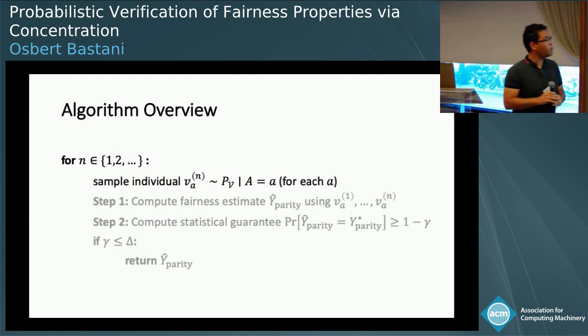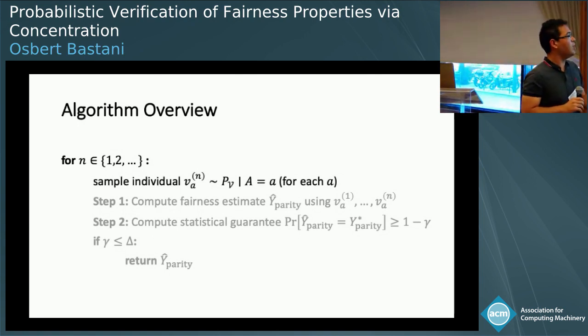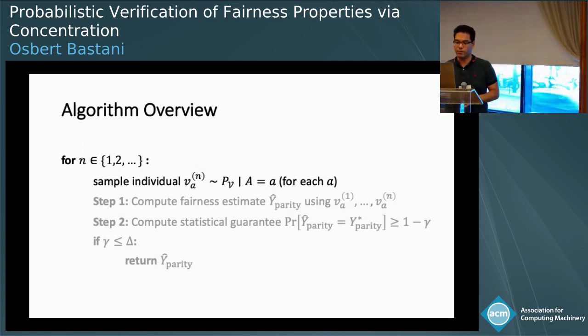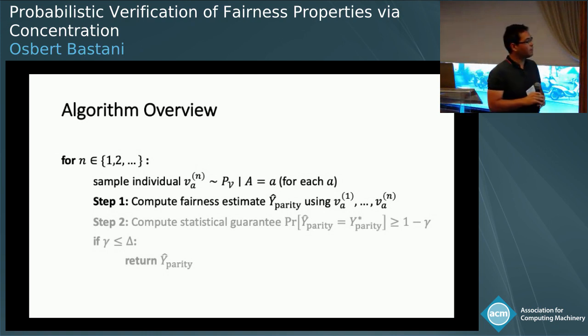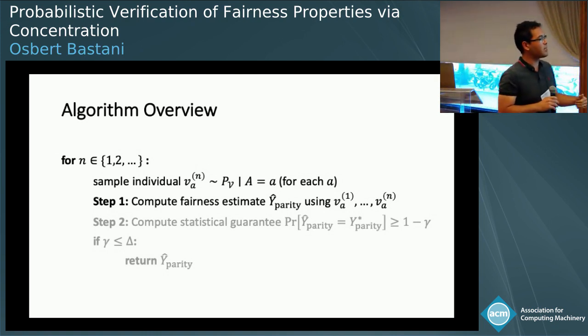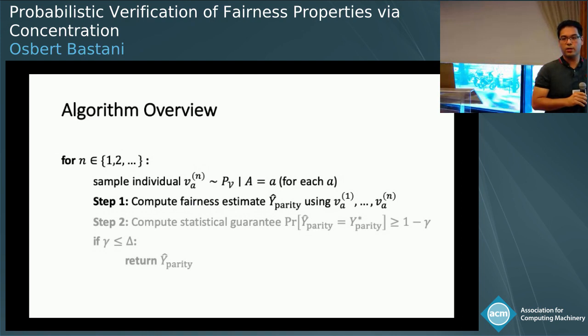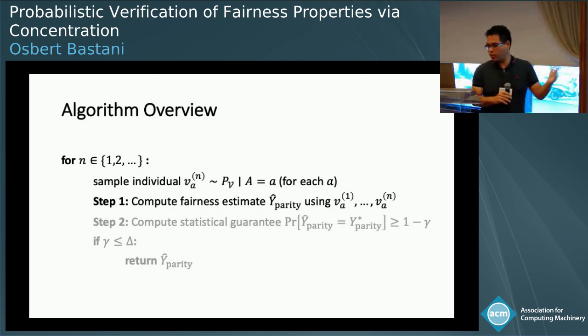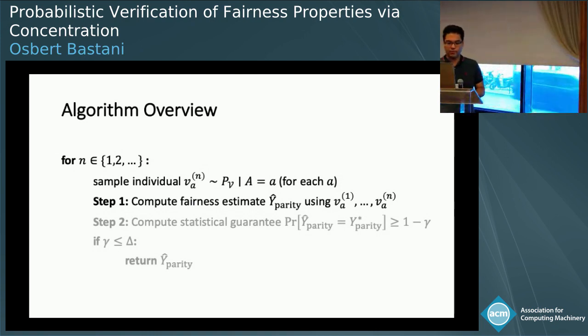On each step, we're going to sample an individual from each subpopulation, one from the majority subpopulation and one from the minority subpopulation. And then we're going to compute a fairness estimate. This is an estimate of the Y parity star from the previous slide using our N samples from each population. So that's the first step.